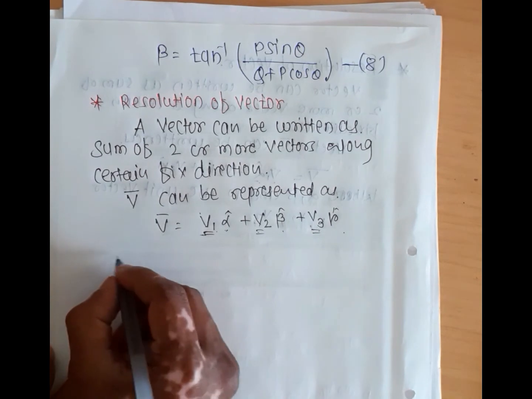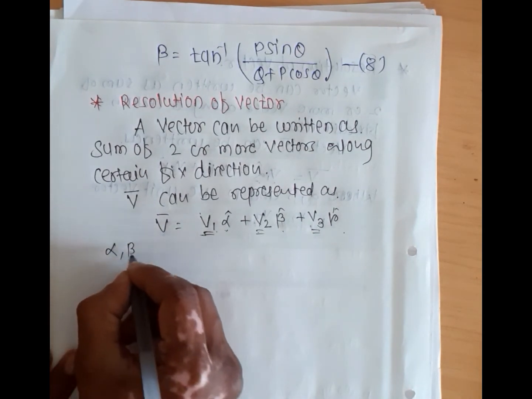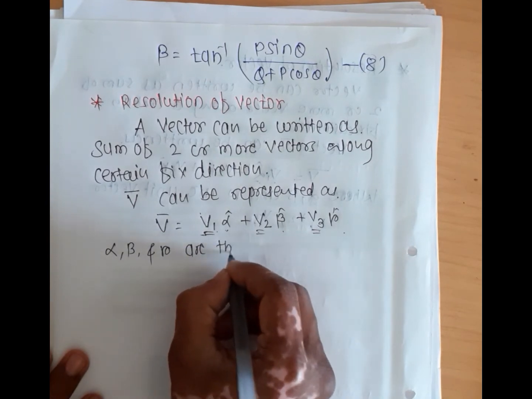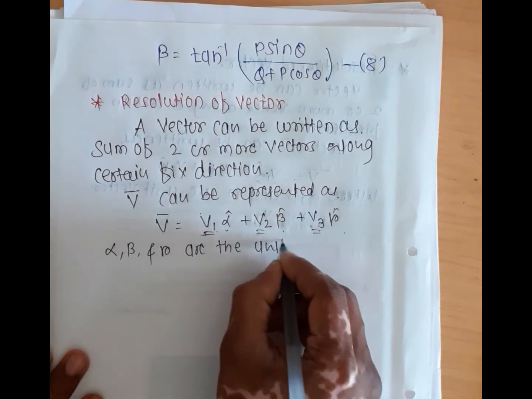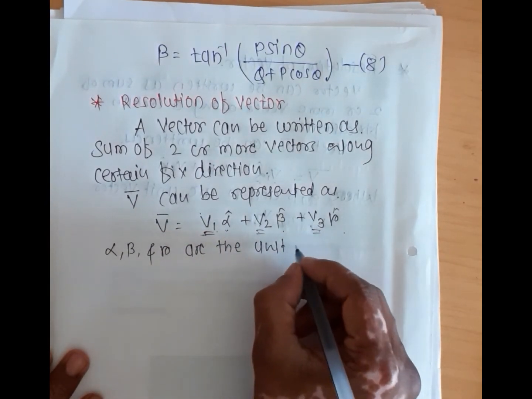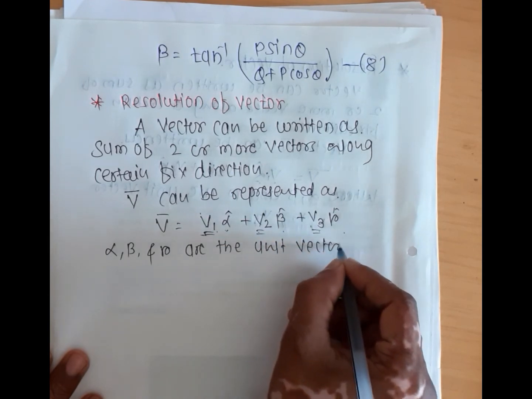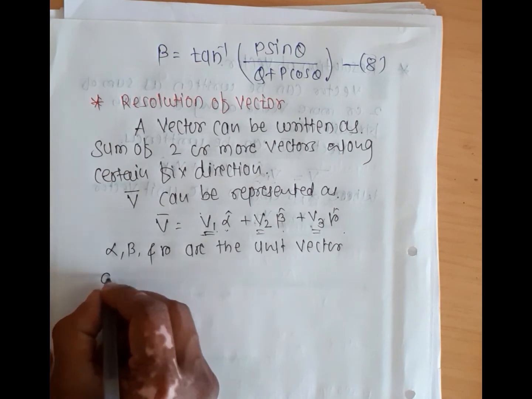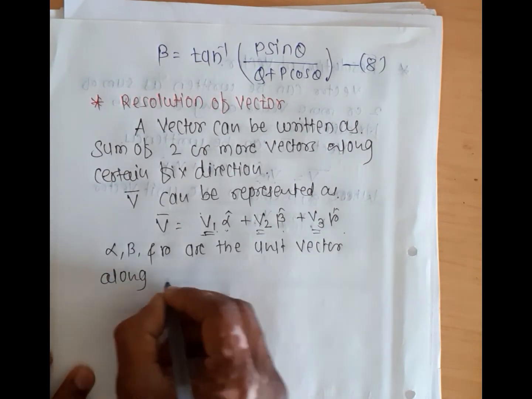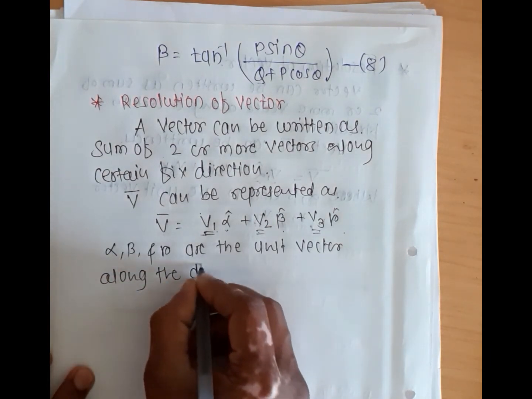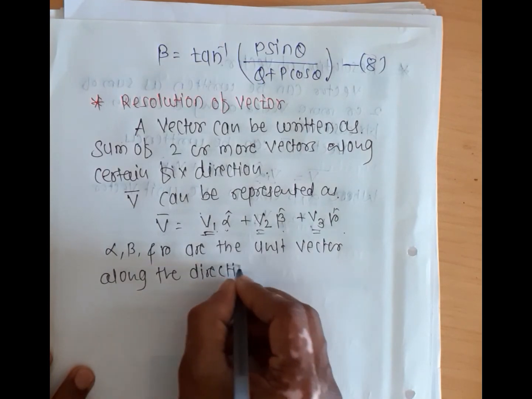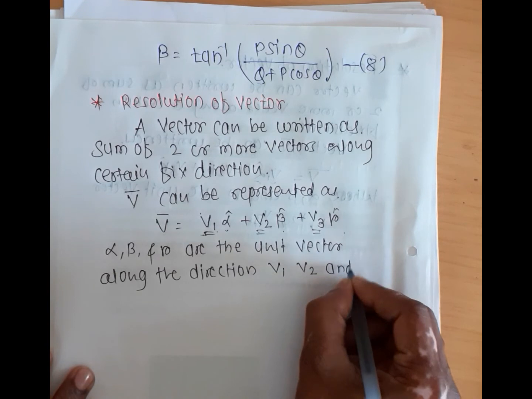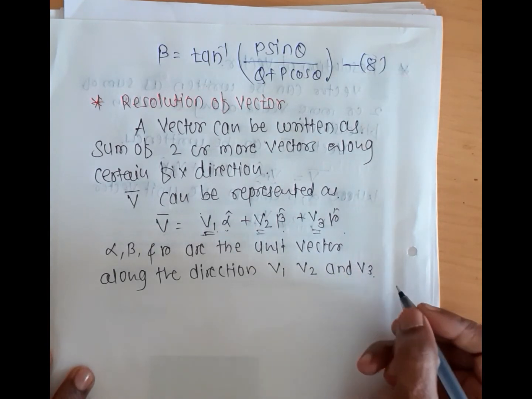So now alpha, beta and gamma are the unit vectors along the directions V1, V2, V3. Along the directions V1, V2 and V3.